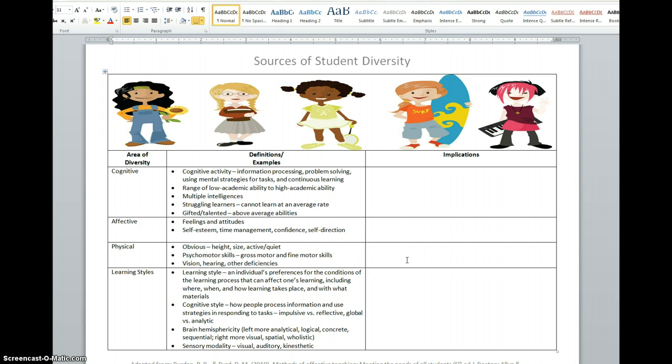So for some implications, first of all, I would really caution you not to draw attention to weaknesses or things that really make a student different in this area. No matter how confident a student looks, he or she may really be insecure about some of these things, and you could alienate them by drawing attention to those. And then recognize that these things do play a role in the classroom.